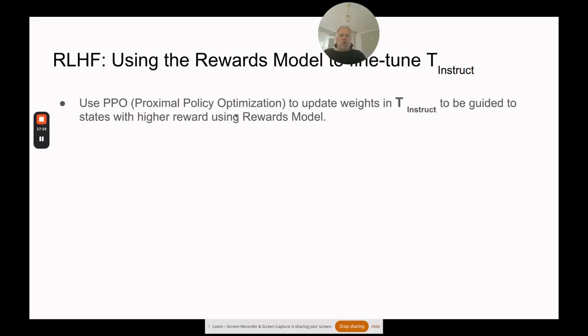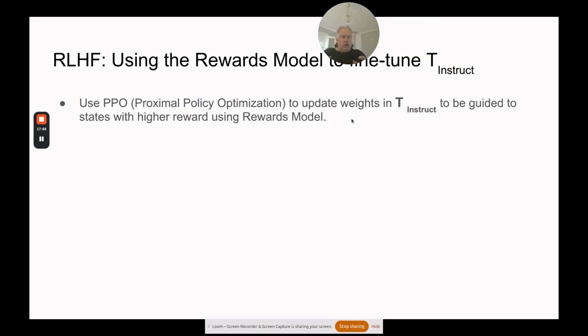We're going to use something innovated at OpenAI, proximal policy optimization, PPO. I think I said proximate earlier, but it's proximal. People just say PPO, it's easier. It updates the weights in t-instruct to be guided to states with higher reward using the reward model.